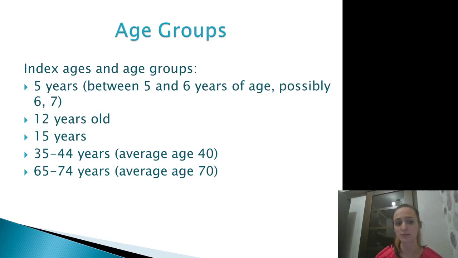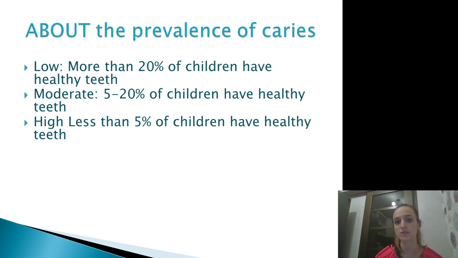And next one is 12 years old, 15 years old, and from 35 to 44 years, and from 65 to 74 years. About the prevalence of caries: low, it is more than 20% of children have healthy teeth, and moderate from 5 to 20% of children have healthy teeth, and high less than 5%.